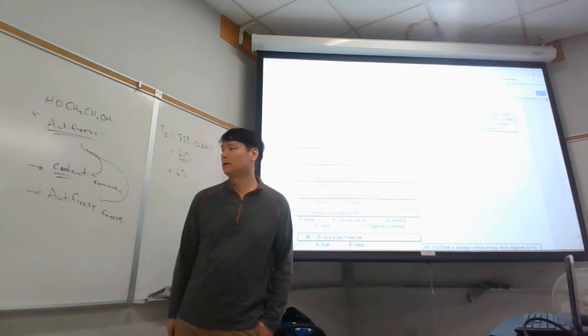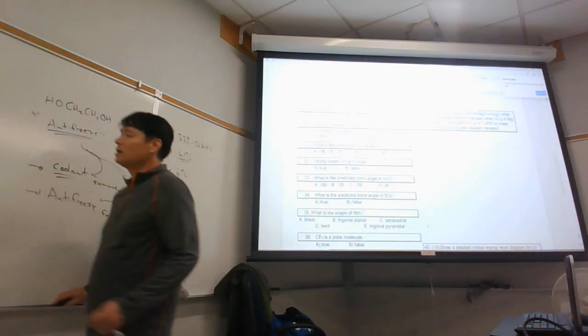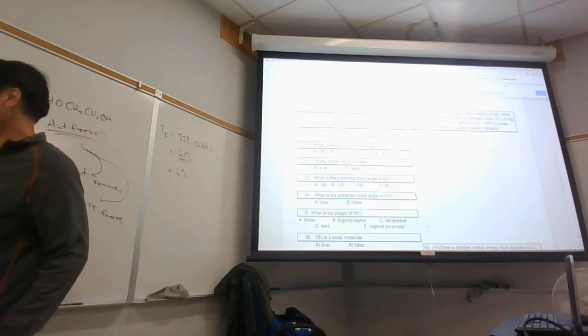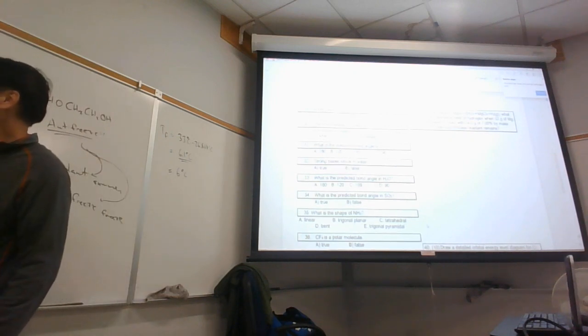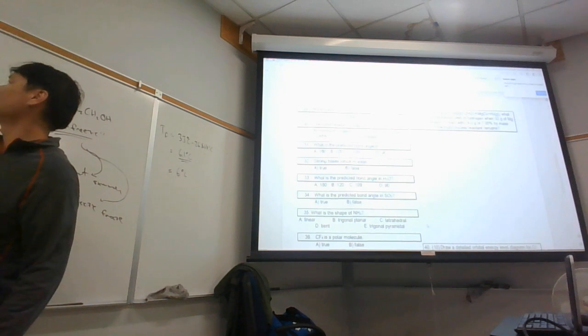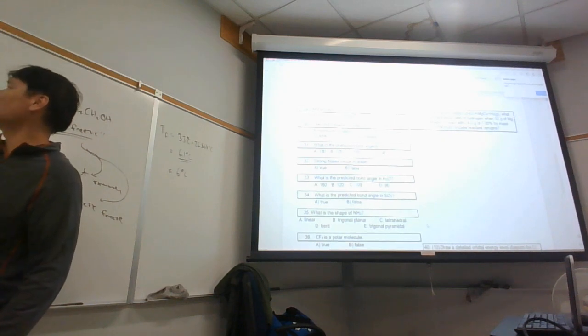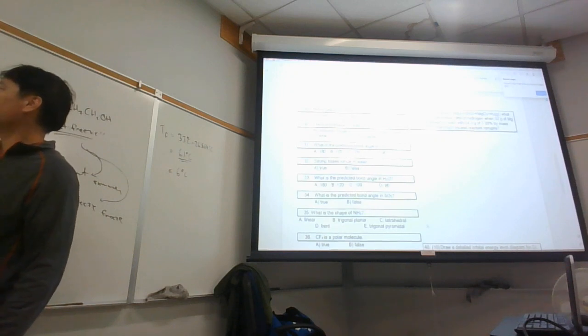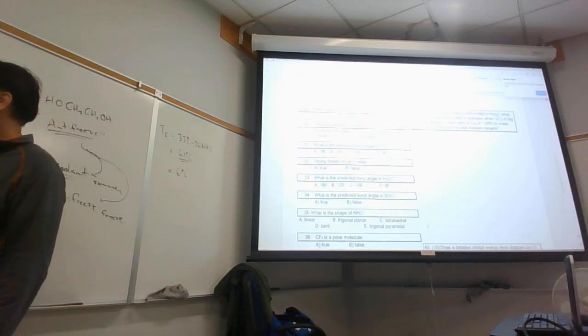But the cause of the distortion is this. You know, when you have a bond, it's a tug of war between two atoms. So atom A is pulling the electron cloud, atom B is pulling the electron cloud. And if that's the case, then that electron cloud is spread out between atom A and atom B. But when you have a lone pair, there's no tug of war.